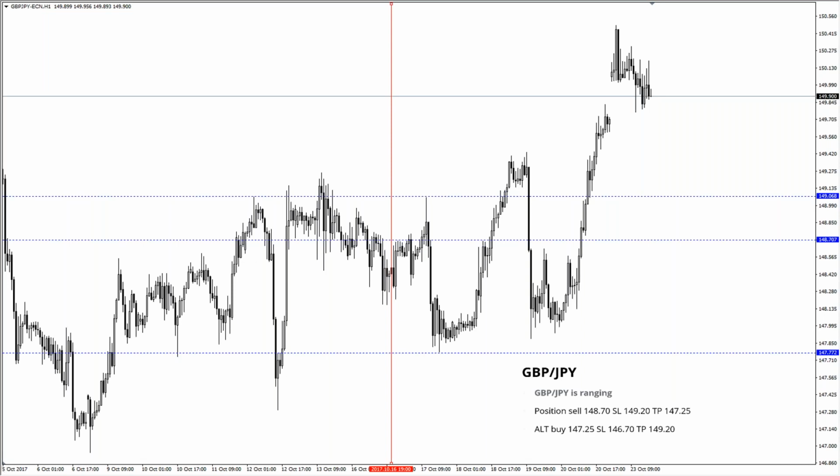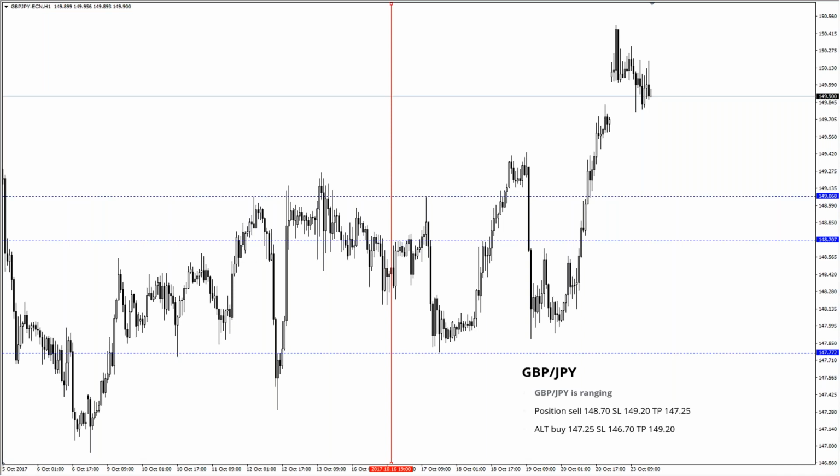Pound yen, my favorite dragon pound yen trade. I really like this pair, how it performs, its range. It's a good pair to trade. Of course, it's dangerous if you're a novice trader, but when you're versed in trading, you should love pound yen.